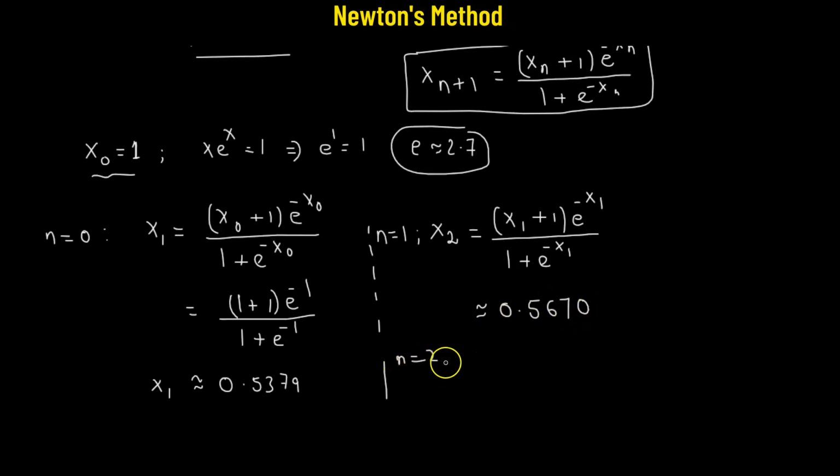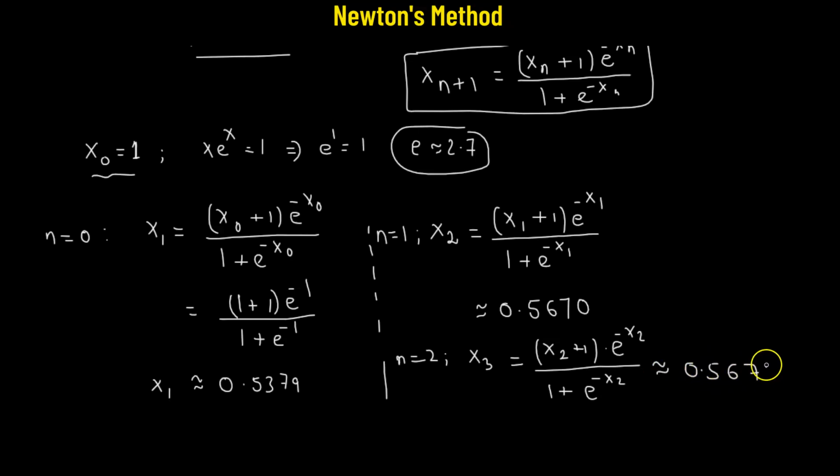Let's take n as 2, and we will have x3 equal to (x2 + 1) multiplied by e^(−x2), divided by 1 + e^(−x2). Now we'll use the value of x2 as 0.5670, and this should give us approximately 0.5671. So we can see that the x2 and x3 values are quite close to each other.